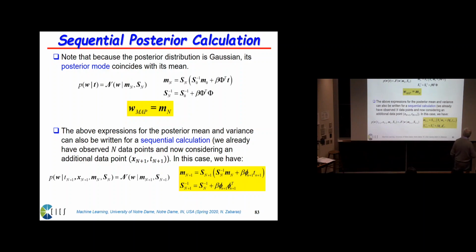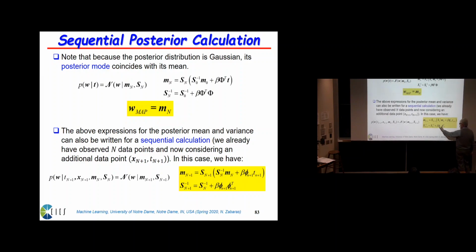You can actually write the calculations that you saw in the previous slide in an incremental form. So if you know the mean with n data points, you can compute the mean of the posterior when you have n plus 1 data points. That's the only effect, right? You just add the term.